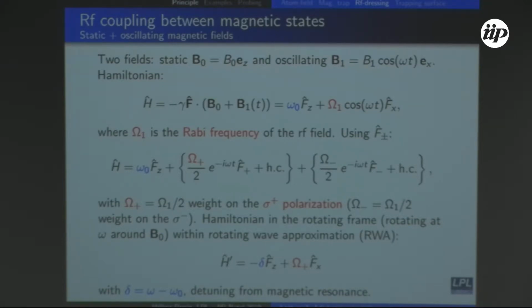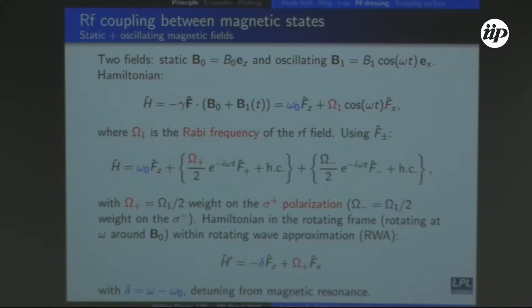And there will be resonant coupling to the eigenstates of Fz if omega has the right frequency, which depends on this value omega 0.